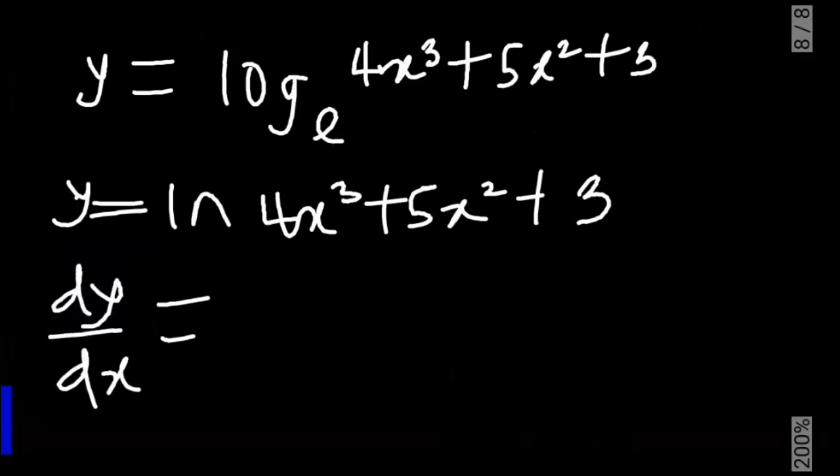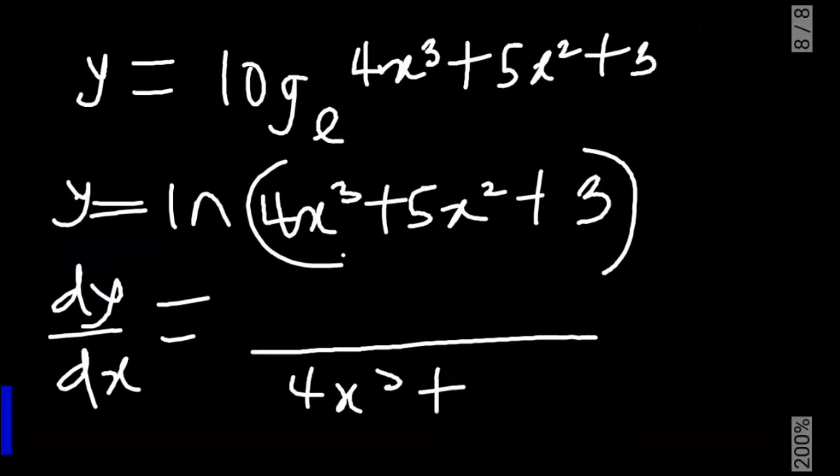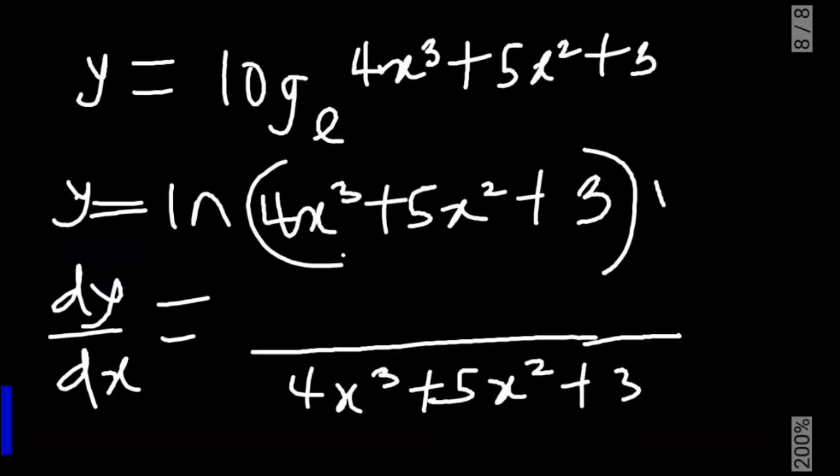So the derivative of this, dy/dx, is equal to, what we're going to do is that we take the derivative of this, we make it the numerator, then this would be our denominator. So let's write down the denominator first of all, 4x cubed plus 5x squared plus 3. Then we get the derivative of this and make it the numerator. The derivative of this, try that out.